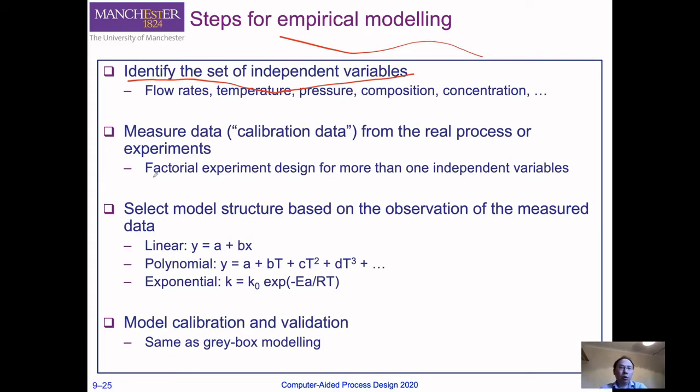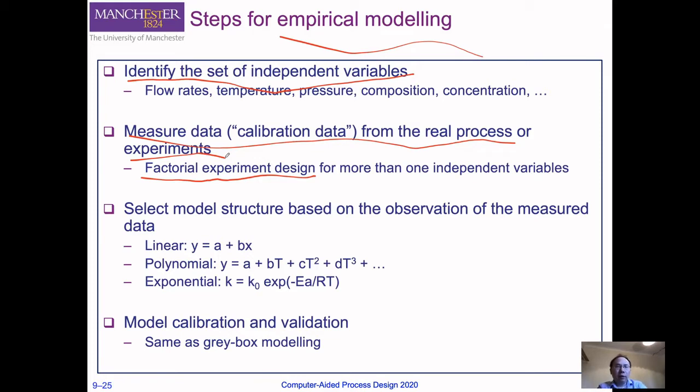Then we can use factorial experimental design to measure the data from the real process or from the experiments. Here, we don't introduce what is a factorial experiment design and how it works. If you have an interest, you can read the chapter 2.4 of the book Optimization of Chemical Processes.